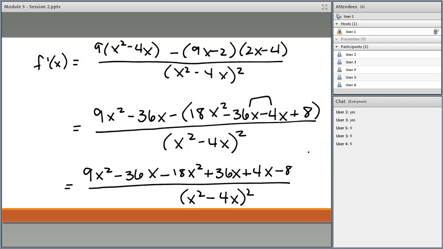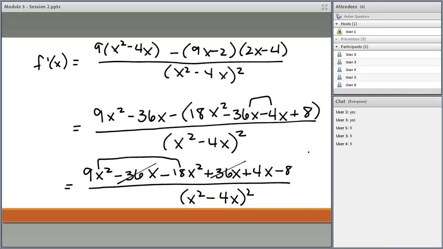And now when I try to combine any like terms, the minus 36x and the plus 36x cancel out. And the only terms that I can combine in the numerator are the 9x squared minus 18x squared. And everything else, there's nothing else I can combine it with, so I can leave it.